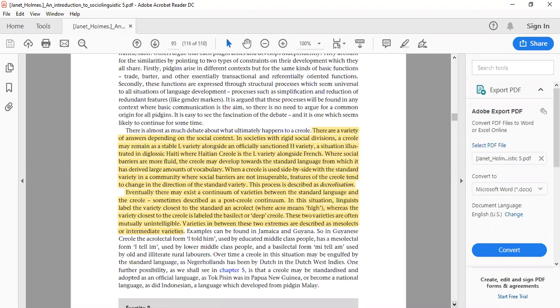Let me give you the example of Pashto and English. Let's suppose English is the high variety and Pashto is the low variety, right? Then there is a pidgin created with these two languages, and then that pidgin becomes the Creole.